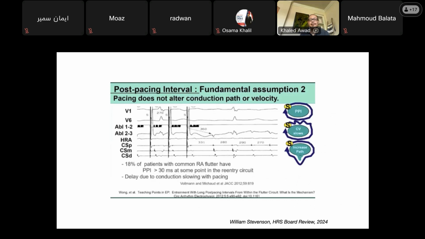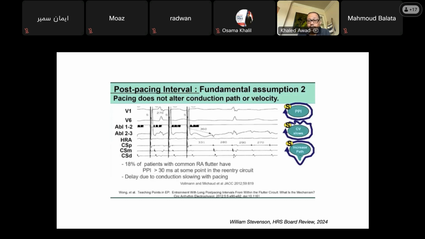The post-pacing interval, we said it needs to be equal to tachycardia cycle length. Within 30 milliseconds is very acceptable, at least for typical atrial flutter. Sometimes the overdrive pacing can actually give you a longer PPI, and it doesn't necessarily mean that you're far away or that you're in a bad location. How can that happen? Well, sick tissue, scar tissue, as you pace it faster, can actually conduct slower.